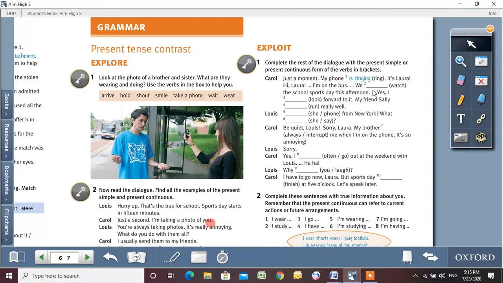We are watching the school sports day this afternoon. Yes, I. Number 3. Am looking forward to it. My friend Sally. Number 4. Runs really well. Number 5.